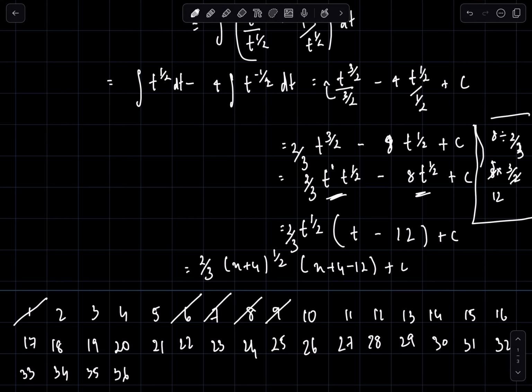Now 4 minus 12 is minus 8, right? So I'm going to just write it here, minus 8 plus c. So that's how they came up with it.